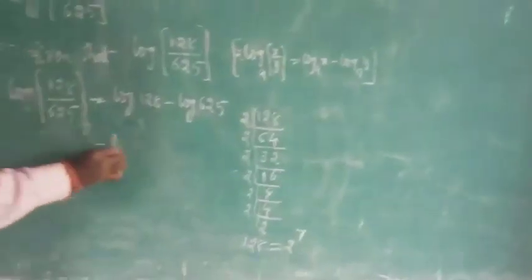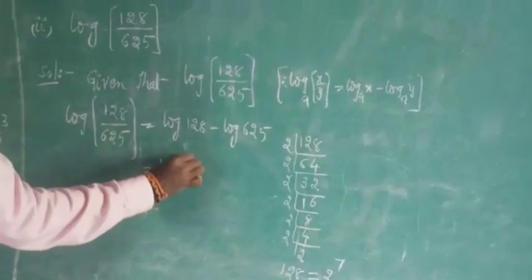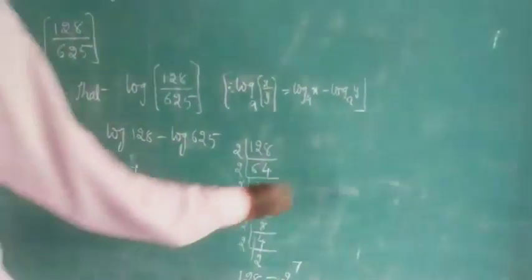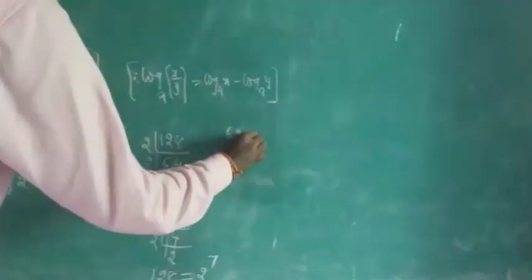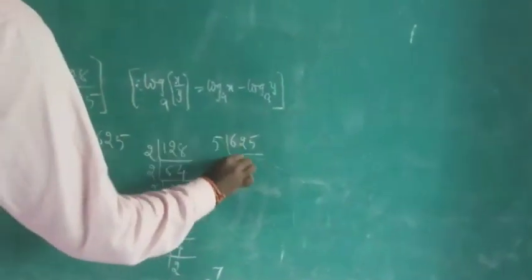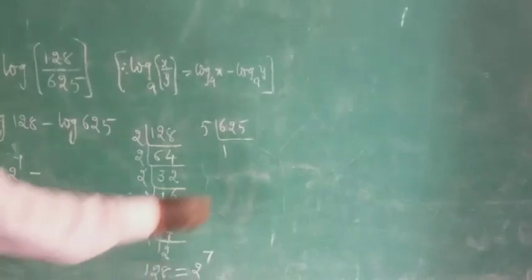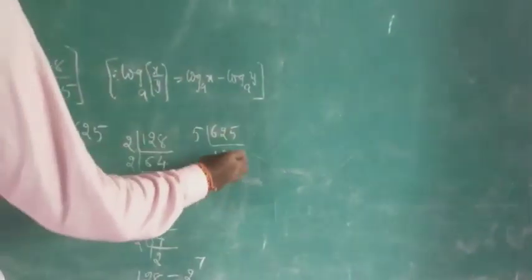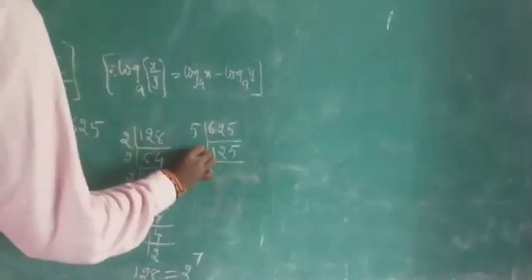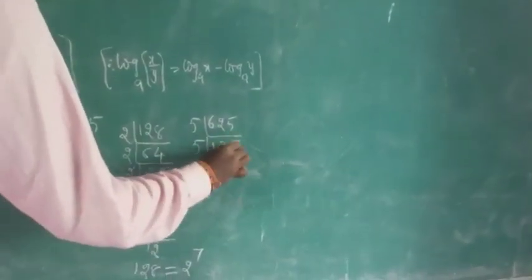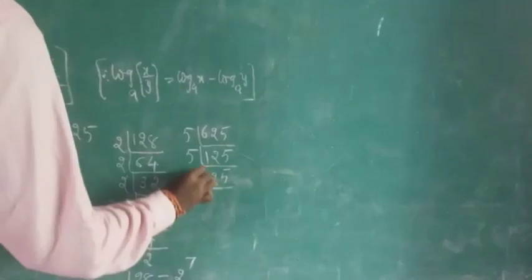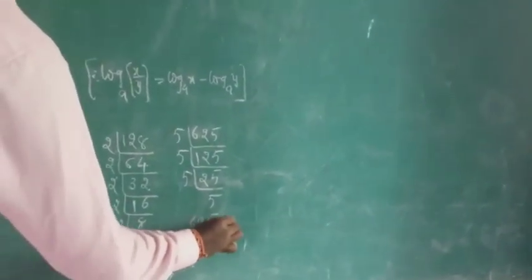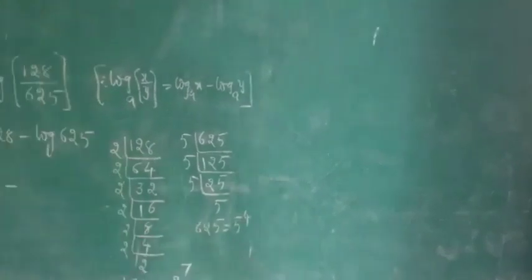So you can write it as log 2 to the power of 7 minus log 625. How can you write 625? 5 tables. 5 1s are 5, 5 2s are 10, 5 5s are 25. So 625 you can write as 5 to the power of 4.